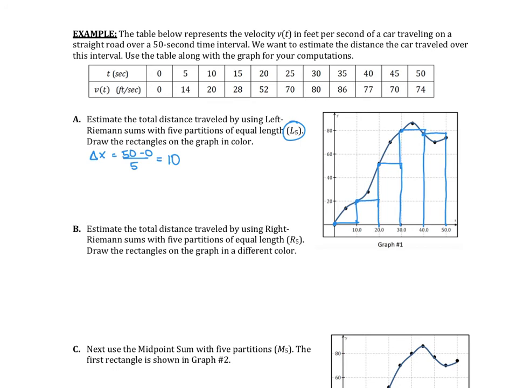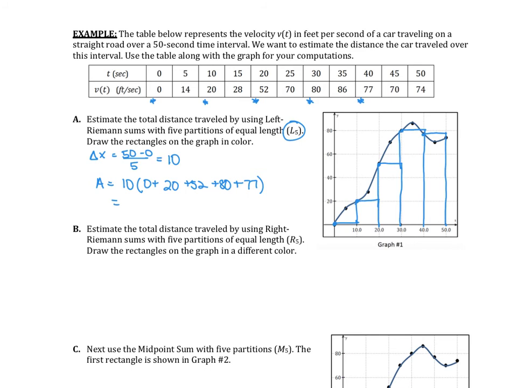Okay, and the area here is the width of each of the rectangles is 10, and the height of the first rectangle, thankfully we've got it, is 0. The height of the next one, 20. The height of the next one, 52. Height of the next one, 80. Height of the last one looks like 77.